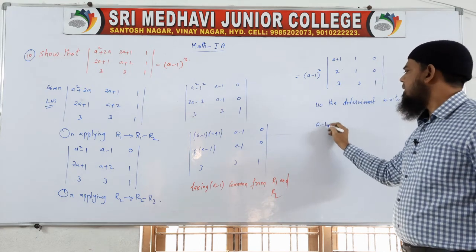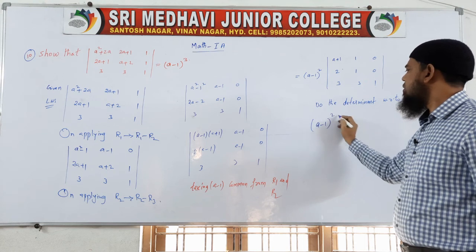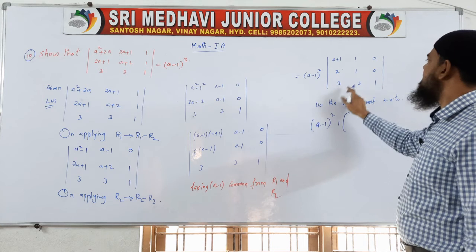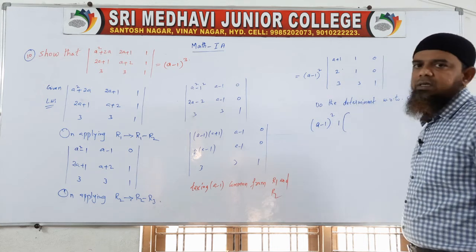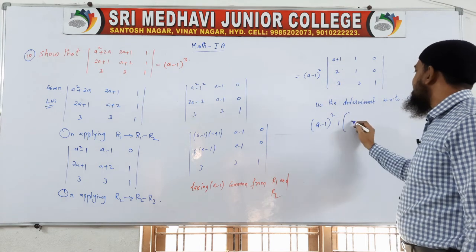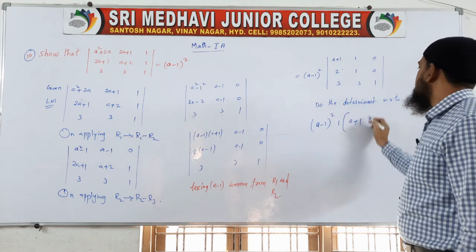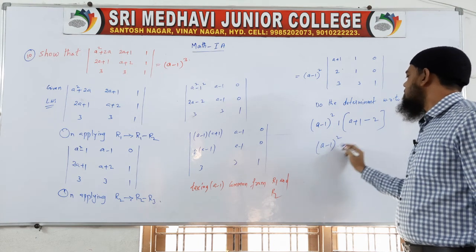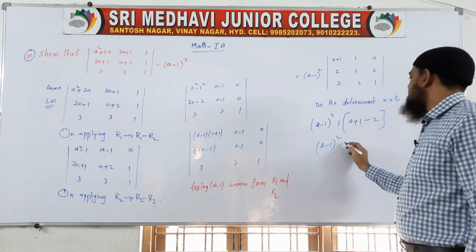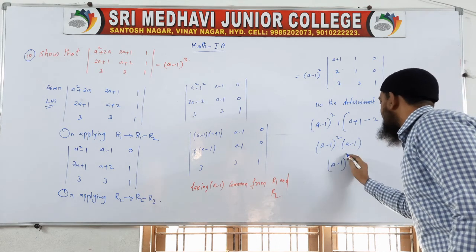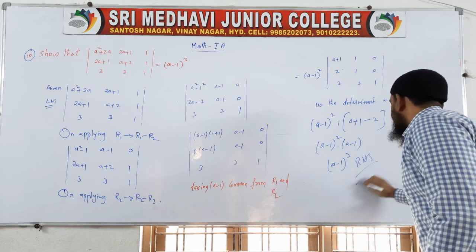Same thing: a minus 1 whole square, 1 into AD minus BC, because row and column deleted, we are using these 4 elements. a plus 1 into 1, that is a plus 1, 2 into 1, 2, that is minus 2. a minus 1 whole square into a plus 1 minus 2, that is nothing but a minus 1. So, a minus 1 whole cube, RHS.